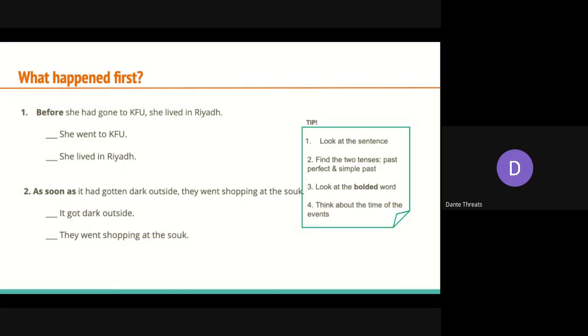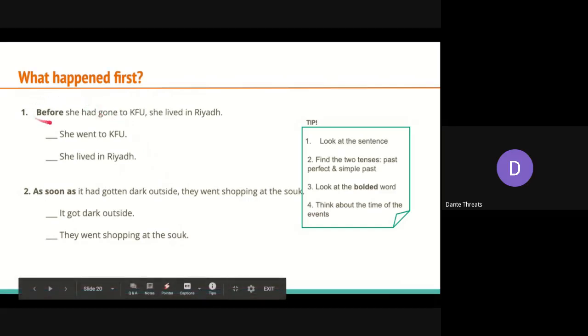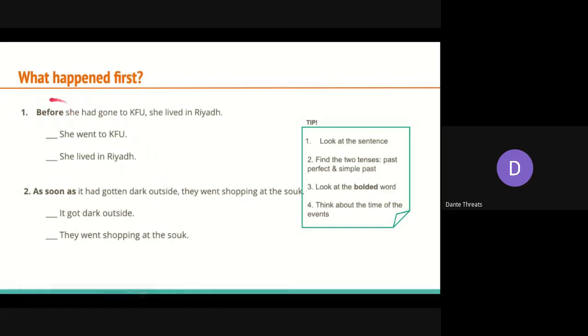Before she had gone to KFU, she lived in Riyadh. Okay. So let's look at the sentence, right? Then we need to find the two tenses, past perfect and simple past, right? Then you look at the bolded word, right? Which one is the bolded word? "Before" is bolded, okay?